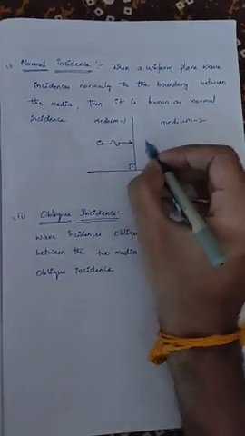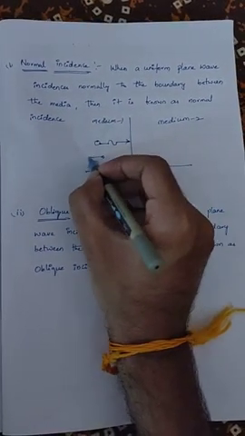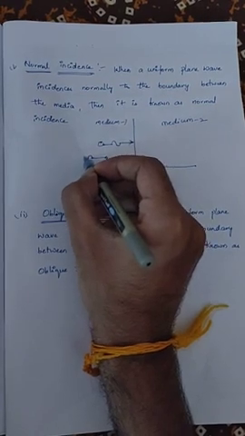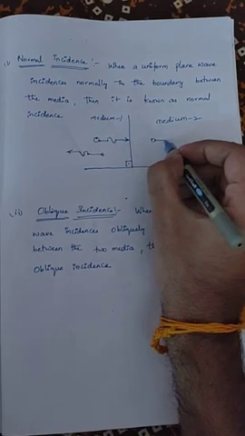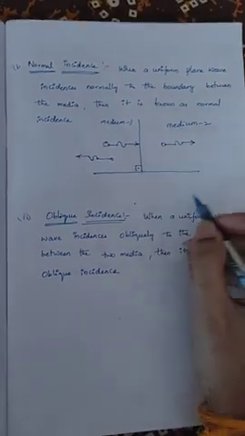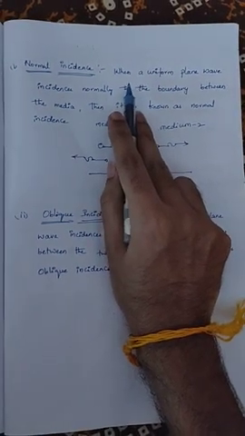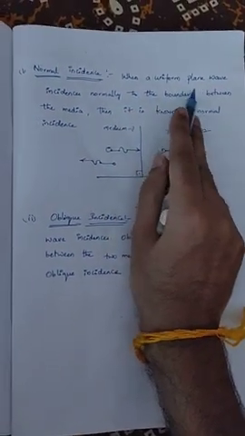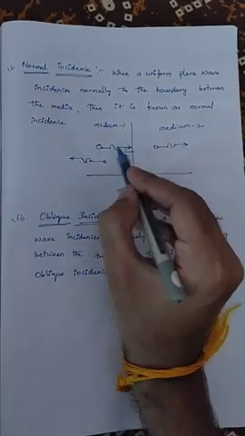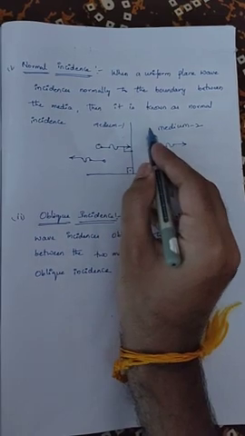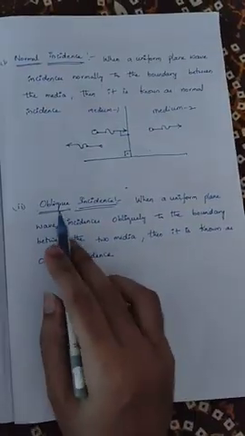Some part of the wave is reflected back and some part of the wave is transmitted to medium 2. So normal incidence means when the uniform plane wave is incident normal to the boundary between two mediums. Now what is oblique incidence?